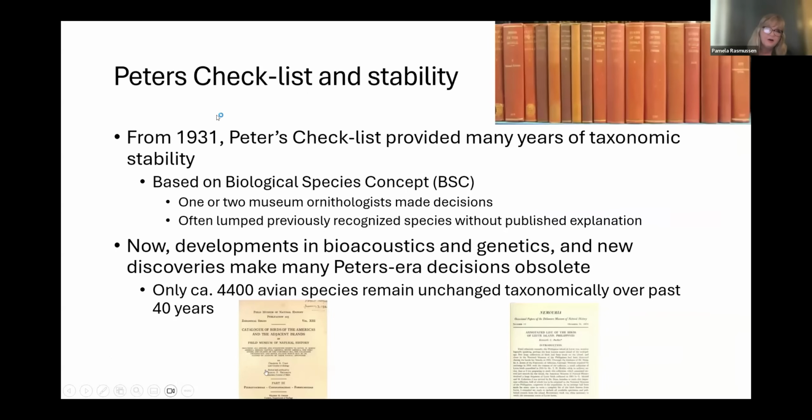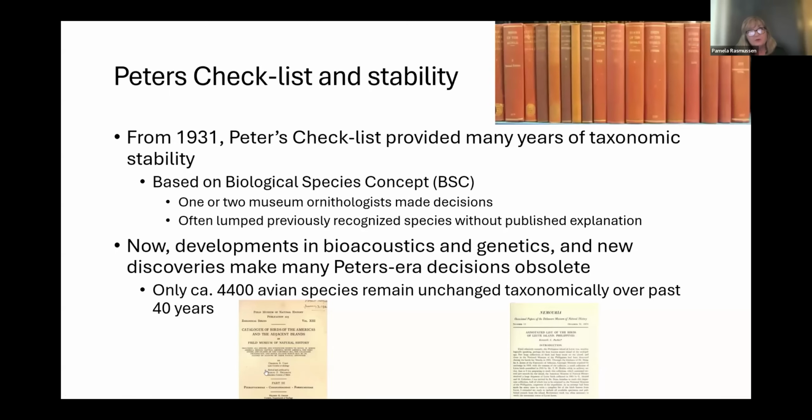So how did we get to the point of needing a unified checklist? Well, let's go back in history a little bit and look at Peters' checklist, which started in 1931 with James L. Peters' monumental work that ended up being in several volumes that far exceeded his lifespan, which ended about here. They were enacting for the first time broadly among birds the biological species concept.